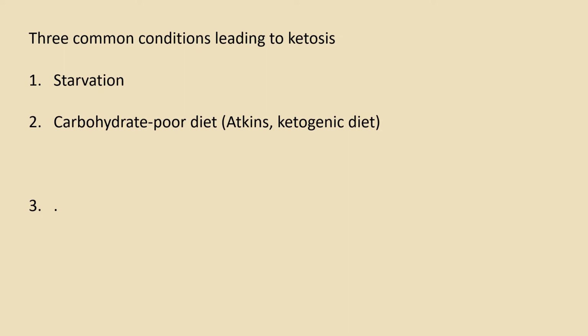They're all variations on a common theme. You dramatically reduce the amount of carbohydrates that you intake. Either starvation or a carb poor diet leads to a lack of glucose as a fuel source, and so the body turns to fatty acids as a fuel source for ATP synthesis, and that results in the formation of ketones.